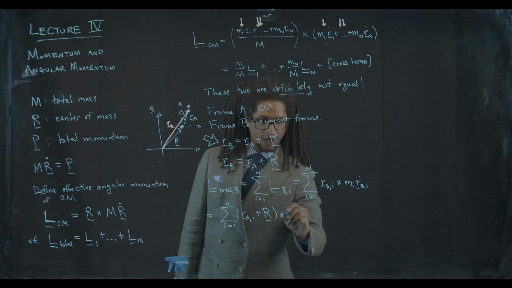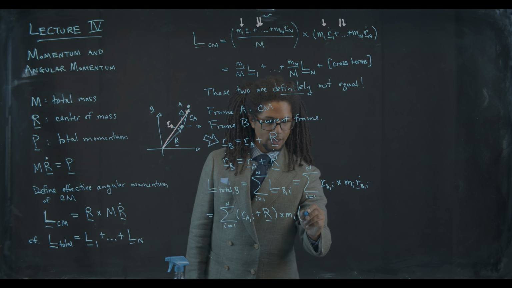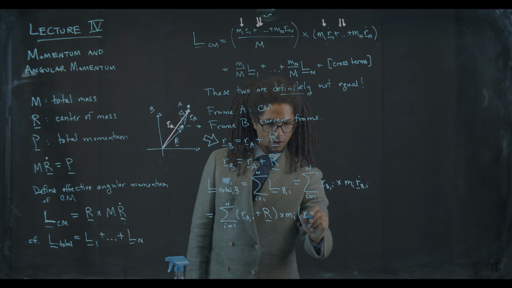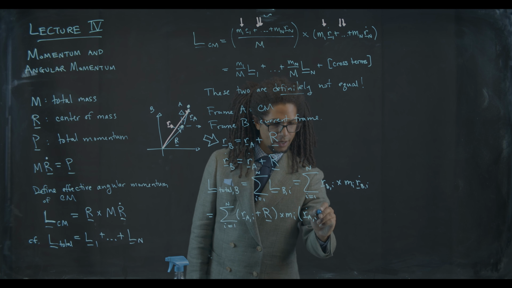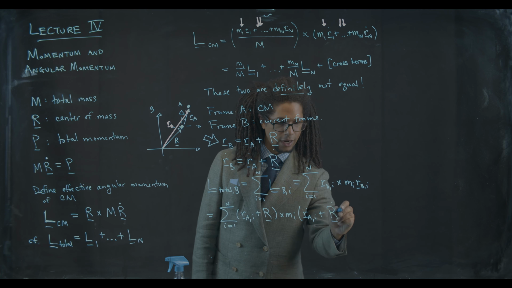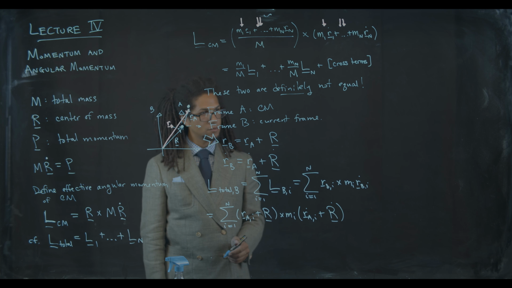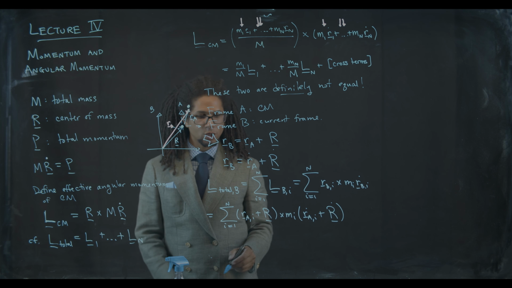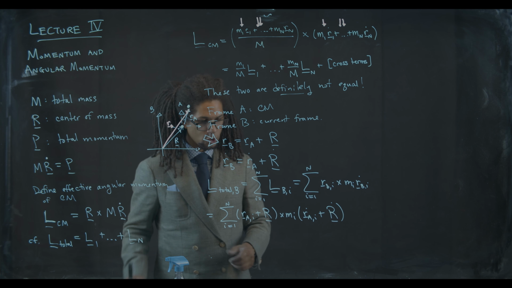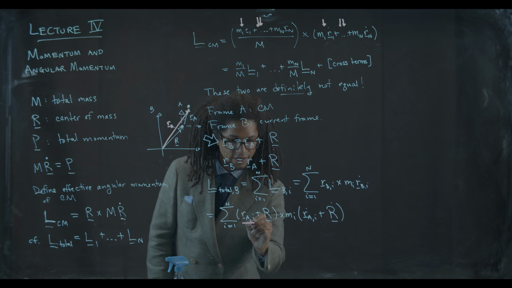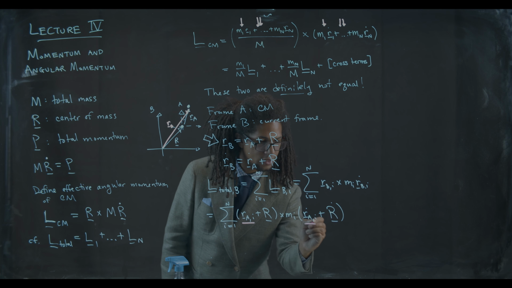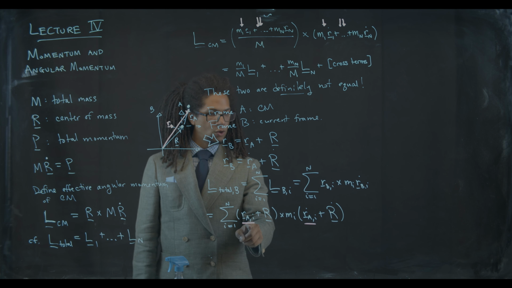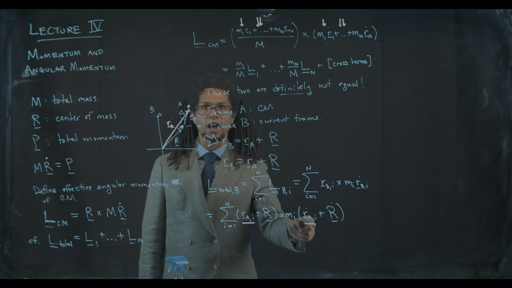Cross m_i times R_A,i dot plus capital R dot. Okay, good. Okay, so now there are certain terms that I can start working with. The first one will be if I take this and cross it with this. Those two terms, when crossed together, just give me R_A,i cross m_i R_A,i dot.